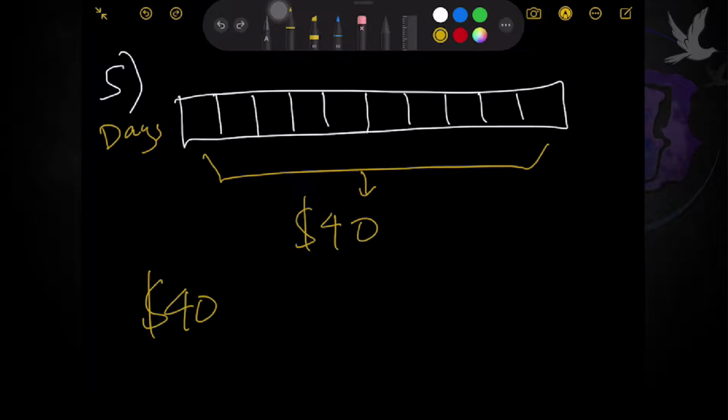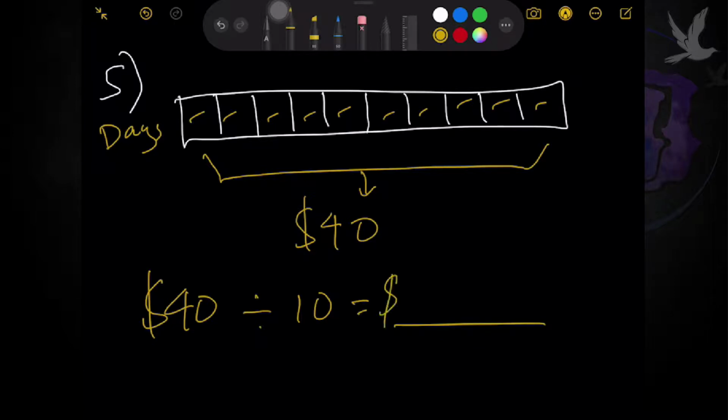Kasi depende kasi yan sa word problem. So in this case, we just get the total and also the total number of days. That $40 should be distributed equally, divided by 10. Okay? So if you know your multiplication table, you should know the answer by now. How much he spends each day.